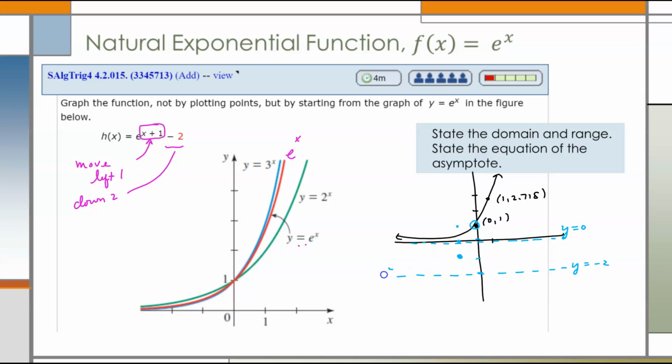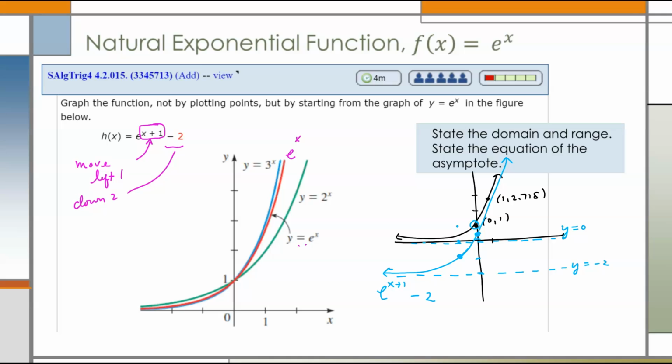What that would result in is our e to the x graph shifted left 1 and down 2. And there we go. e to the x plus 1 minus 2.